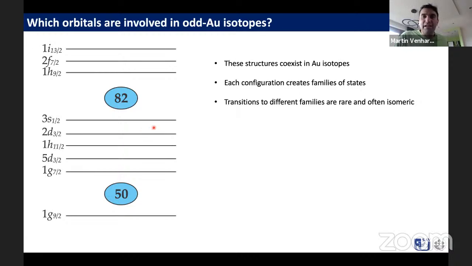In reality, transitions between these different families are very rare and often become isomeric. Isomeric means long-lived. So you have excited states with, let's say, a 2 microsecond half-life, which is extremely long compared to other excited states in these nuclei.